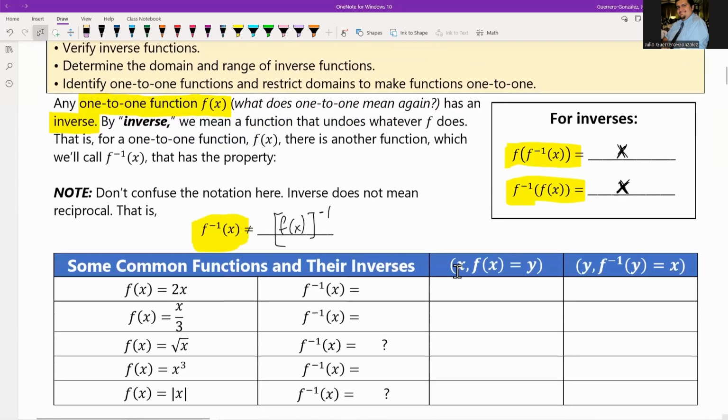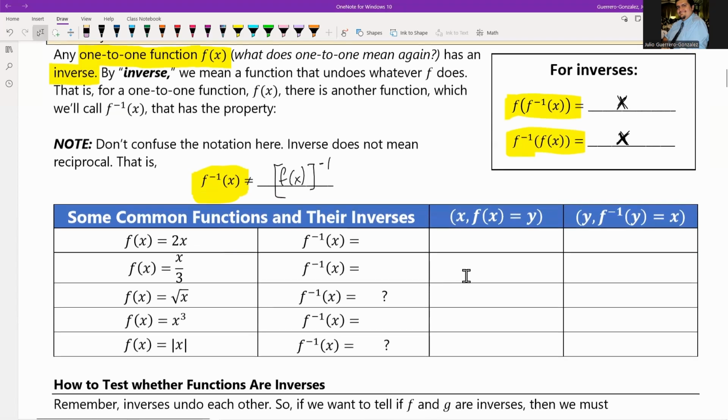So I've got a couple of functions that I want to put down and show you guys how inverses are supposed to work. Suppose for the first one, f of x is 2x.